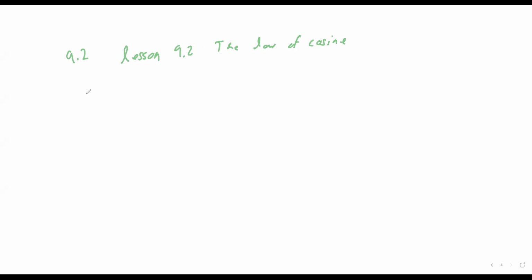We use law of cosines when the information is in the form side angle side or side side side. So if you're given side angle side or three sides, then you can use law of cosines.